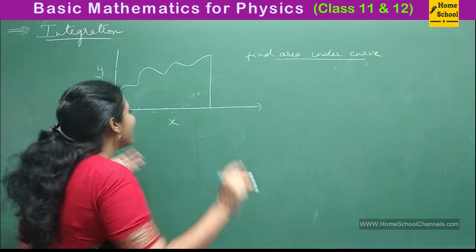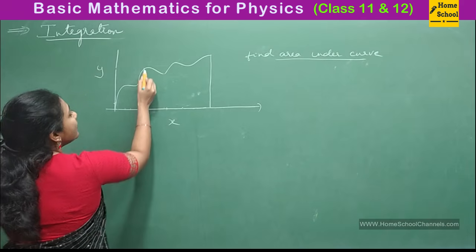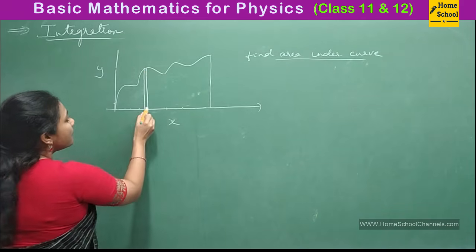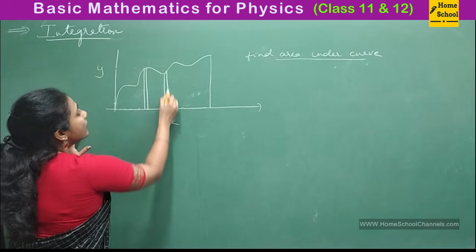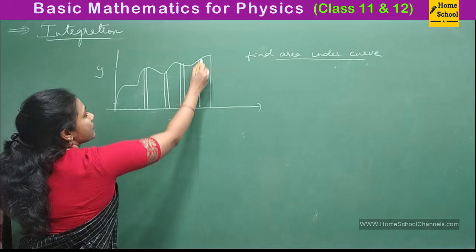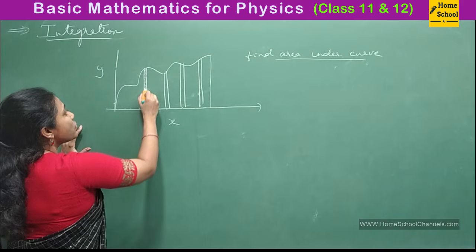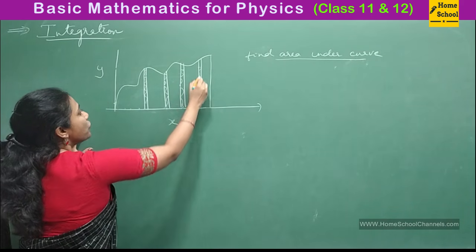So normally, see, I divide this into this particular strip. I'll divide the entire graph into small strips, right? So this is one strip, this is another strip, this is the third strip, this is the fourth strip.